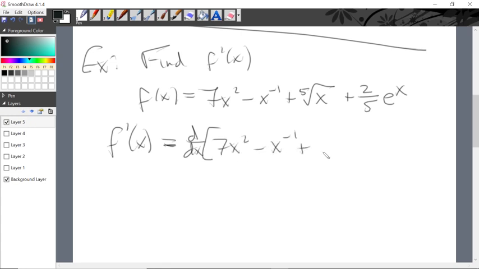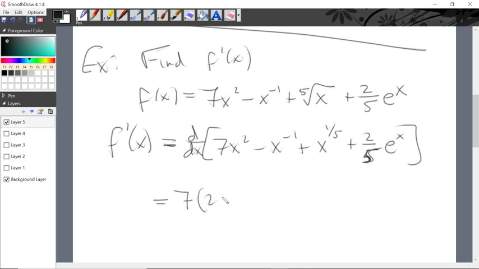let's write these as power terms when we can. So this is x to the 1/5. Now this term is not a power function, right? This is an exponential, base e. So we're not going to rewrite that one. We'll leave it as an exponential. And then we have here what? A constant multiple rule.